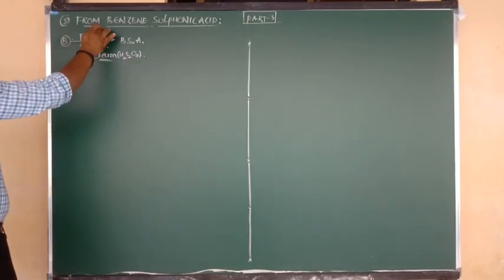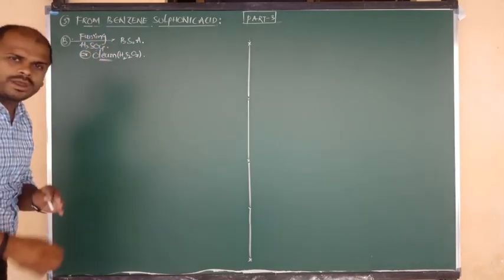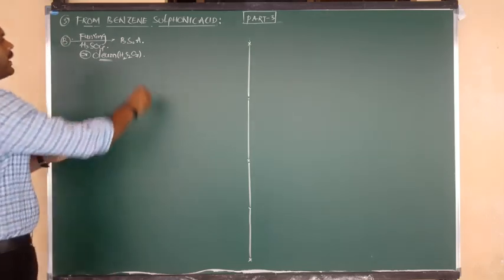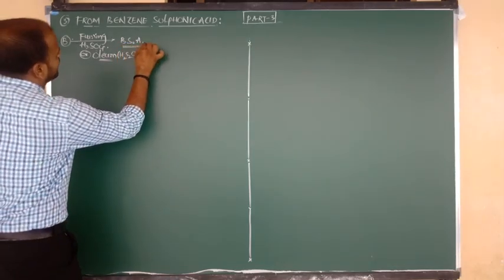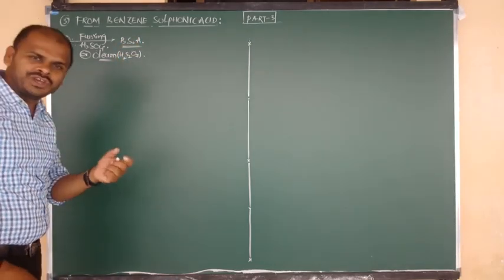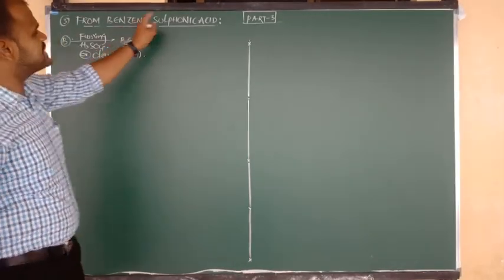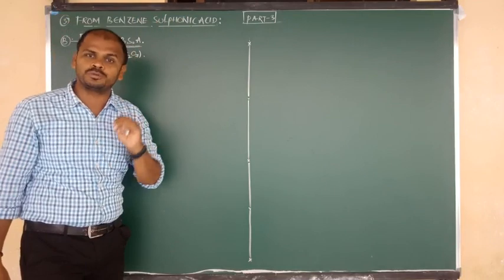So benzene on reaction with fuming sulfuric acid, and also on reaction with oleum, forms the intermediate, which is benzene sulfonic acid.